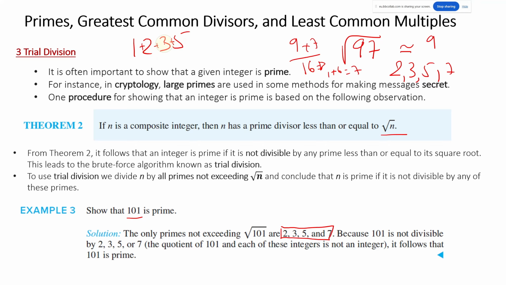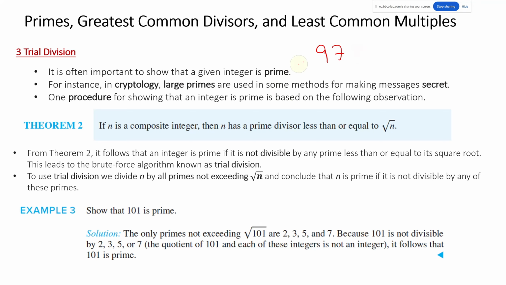Anyways, the idea is, for 97, I'm trying to find the different prime divisors of this 97. All I have to do is find out whether it has something smaller than or equal to this 9.